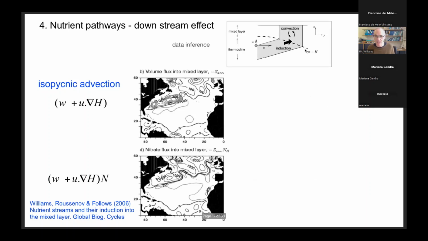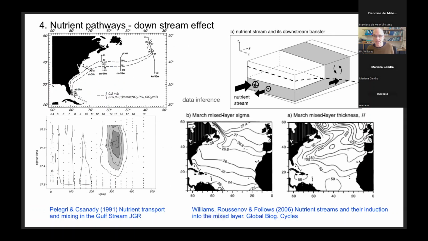And our thesis or view is that those transfers into the winter boundary layer are ultimately fed by the nutrient stream. So the nutrient stream redistributes nutrients very effectively along the western boundary, and then that feeds into a transfer along density surfaces, and eventually to the end of winter mixed layer.